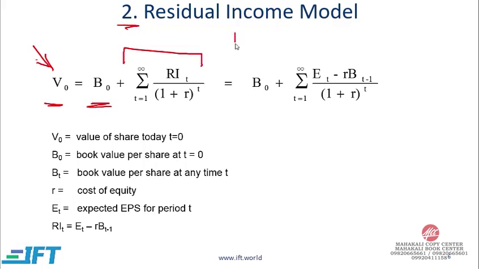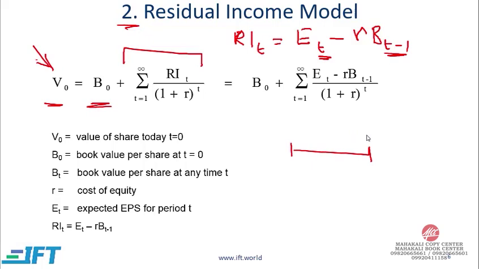Notice that residual income for a given period is simply the earnings for that time period minus the equity charge, which is the required return on equity multiplied by the book value at the start of the period. So make sure you understand the T and the T minus 1. All we are saying is that if you have a given period, this is period T, then this would be T minus 1.